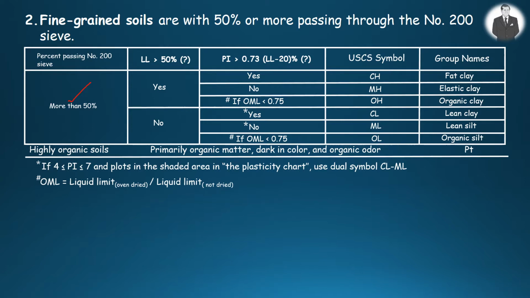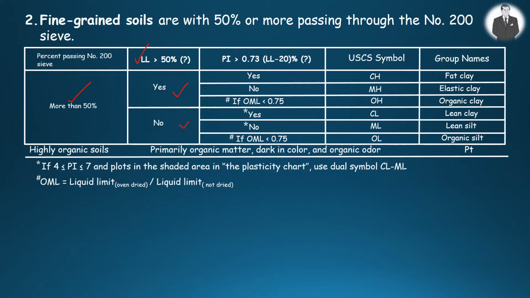And there you need to check whether the liquid limit is greater than 50% or not. Depending on your answer, you need to move to the third column, where you need to check if the PI value, plasticity index, is greater than the A line or not.